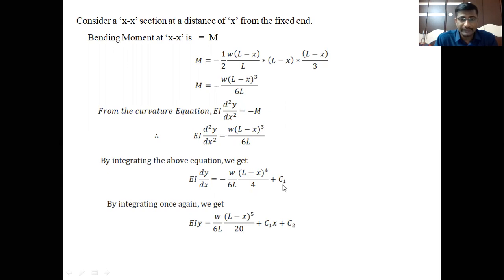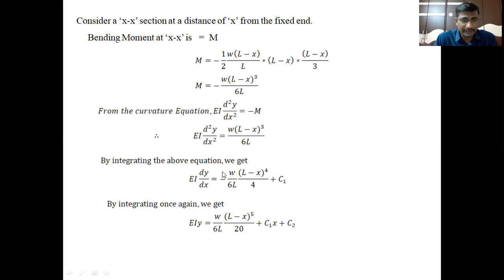Plus C1 is the integration constant. It is the x cube formula only, x cube integration is x power 4 by 4. That's why (L minus x) whole power 4 by 4. If minus x is there, the minus sign should be put in front of the expression. That is the integration of the above expression according to Macaulay's method.